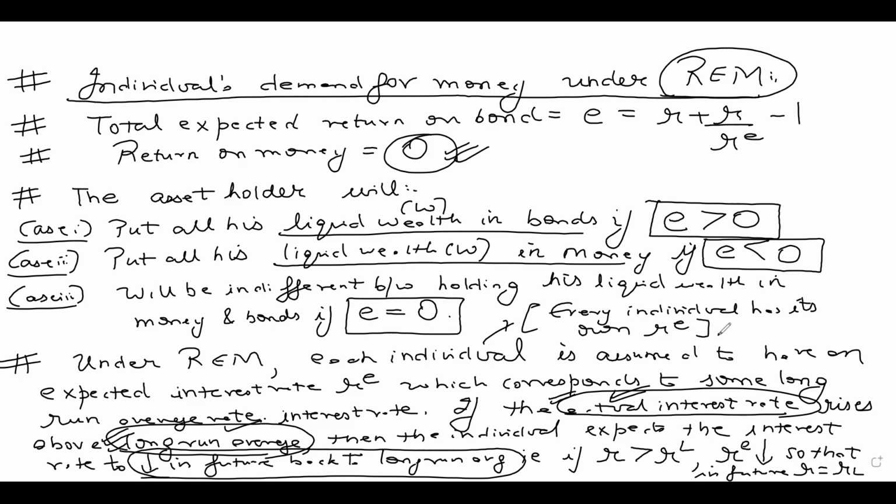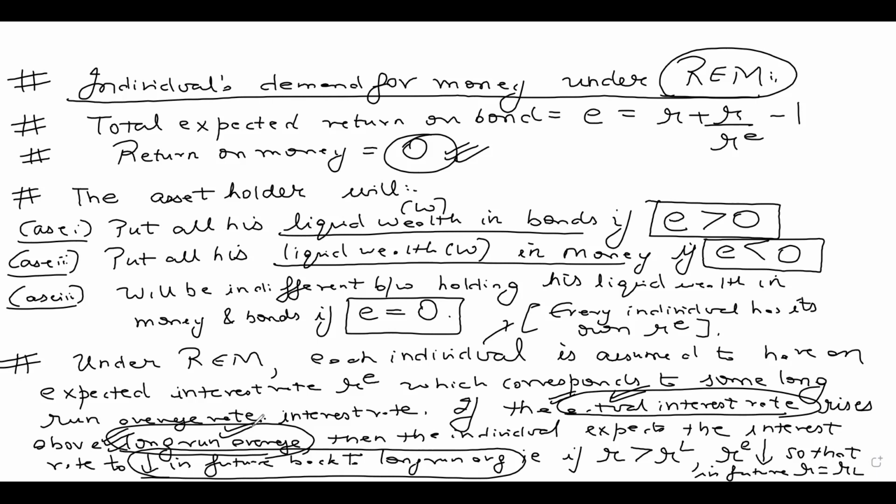And this expected interest rate corresponds to some long run average rate. And immediately when the actual interest rate goes above the long run average, instead of expecting the interest rate to rise in the future, individuals expect the interest rate to fall in the future back to the long run average. Hence, their expectations are regressive in nature instead of progressive.